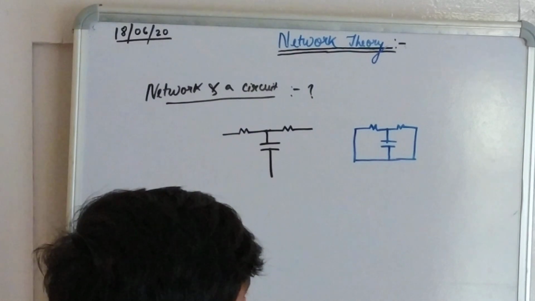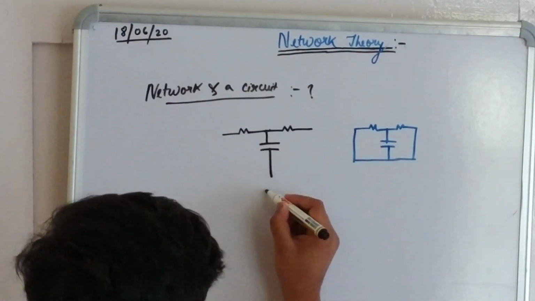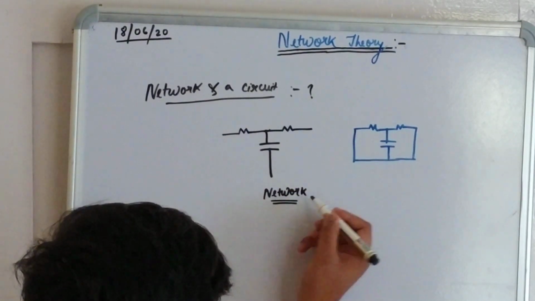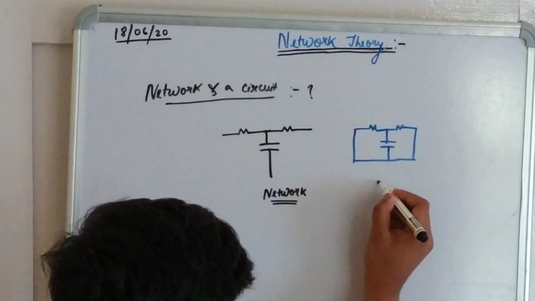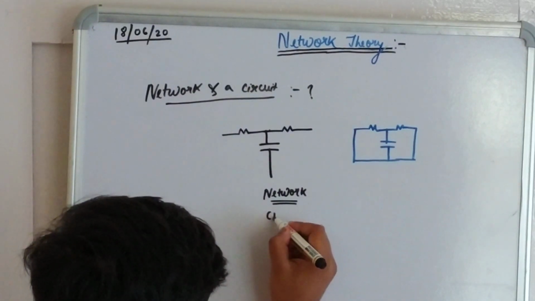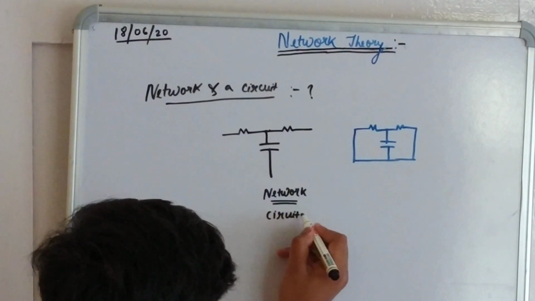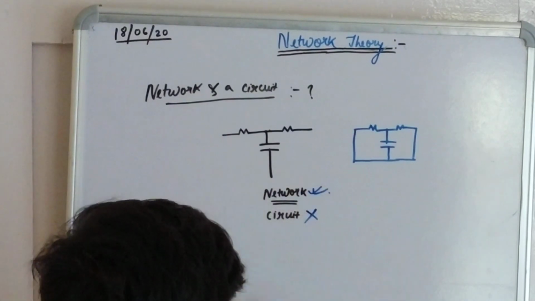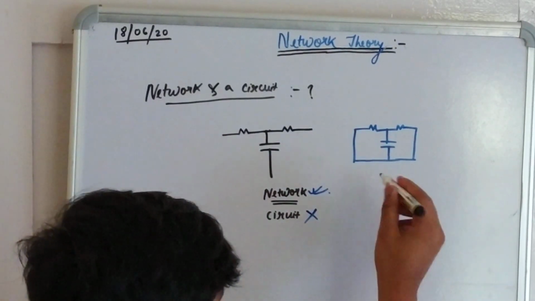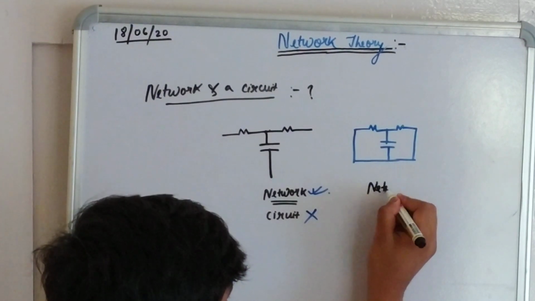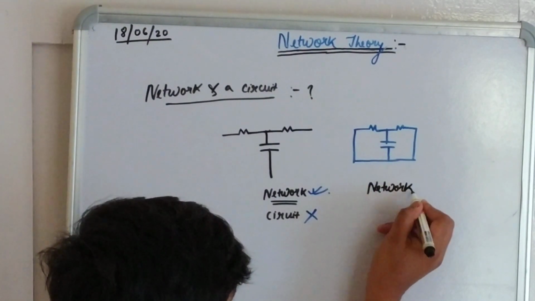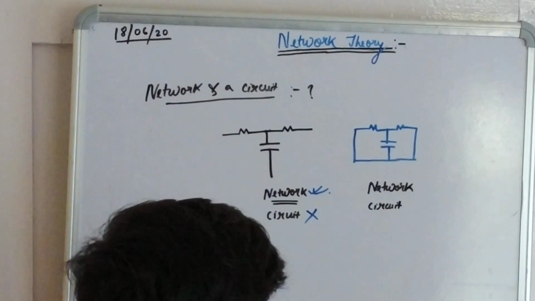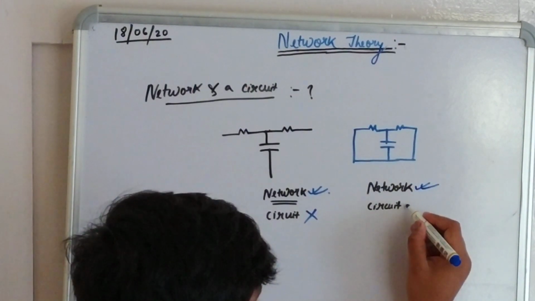Now in these two diagrams, this is a network, but this is not a circuit. It is a network, and this is a network as well as a circuit.